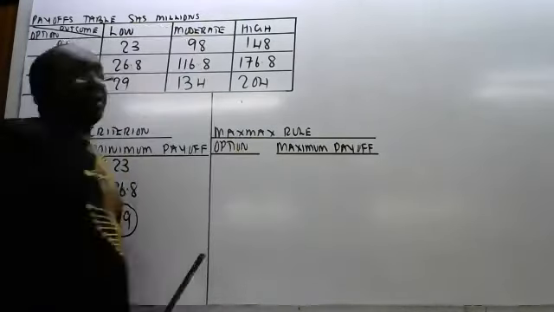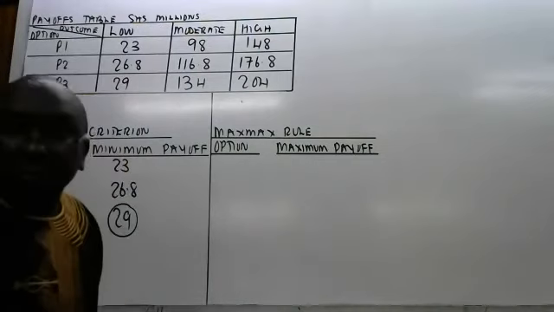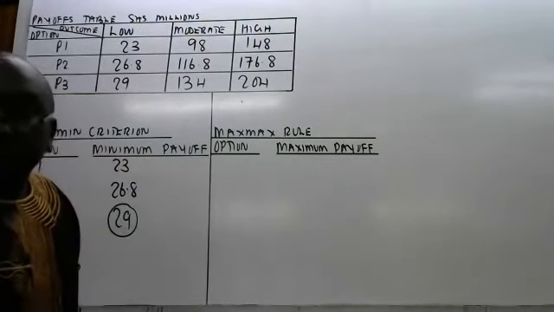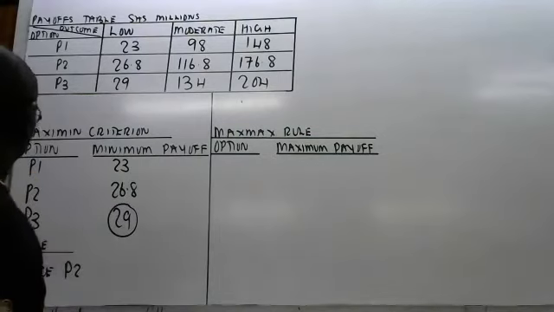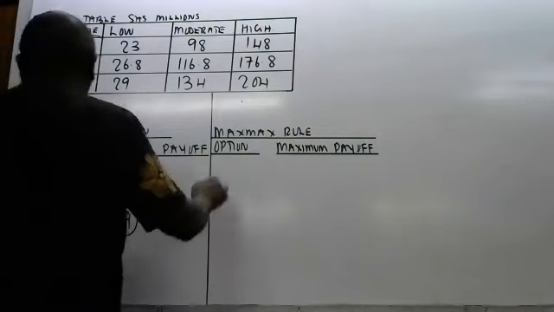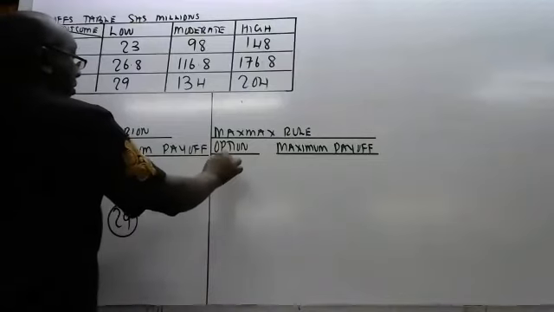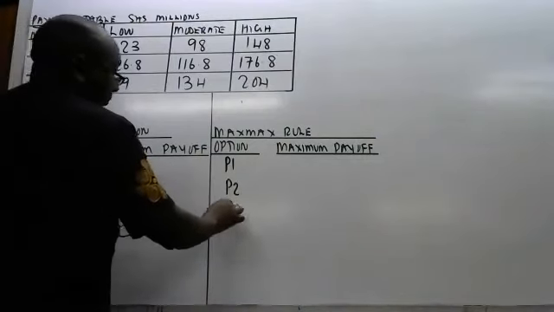The maximum payoff. P3 is 21, not, oh, sorry. Why am I confusing that? Thank you, Akech. That is P3. Now we have P1 here, P2, and P3.